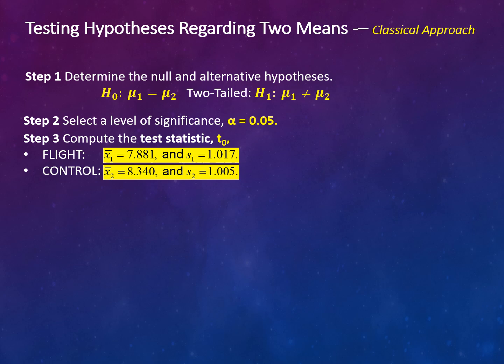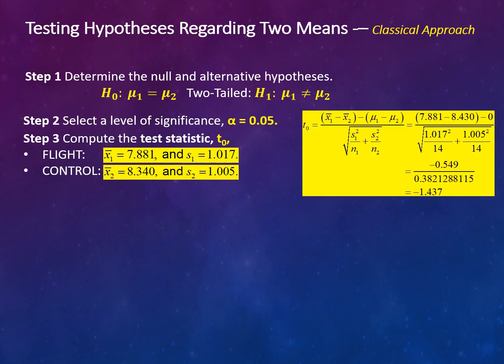If we look at the data from the flight group, we have a mean of 7.881 and a standard deviation of 1.017. And for the control group, we have a mean of 8.340 and a standard deviation of 1.005. In both cases, the sample size was 14. So plugging in all those values and calculating, we get a test statistic, t sub 0, of negative 1.437.